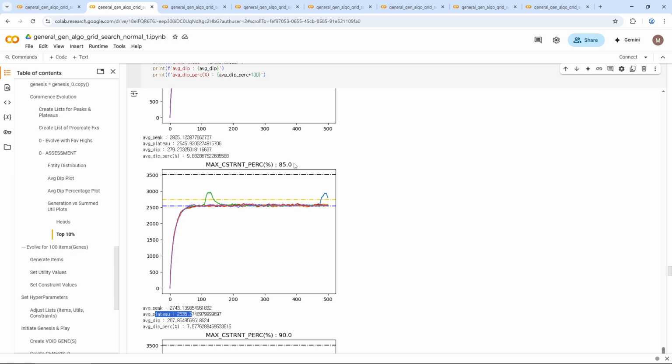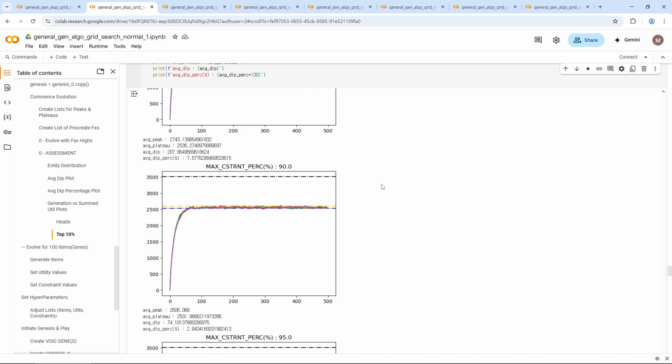And this could be due to the fact that, again, with this value, maximum constraint percentage, and therefore maximum constraint, being higher, there are actually fewer entities being struck out, and therefore fewer new entities being created through procreation amongst the top entities.